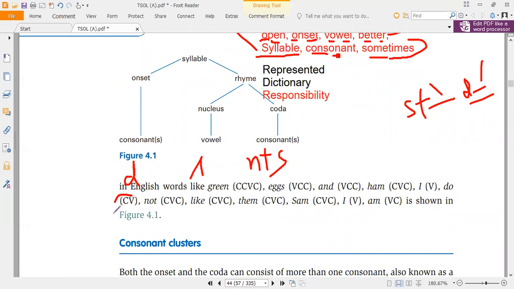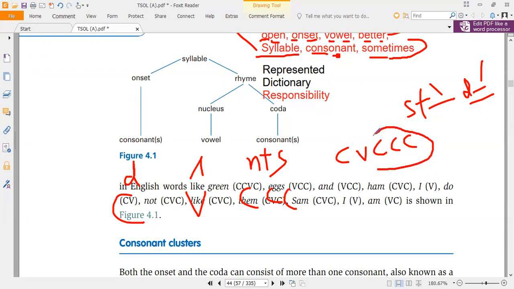We have got C here, we have got V here, and we have got C, C, C. So its syllable structure is C, V, C, C, C. It means we may have three consonants as the coda as well. The coda consists of these three consonants. Got it now?